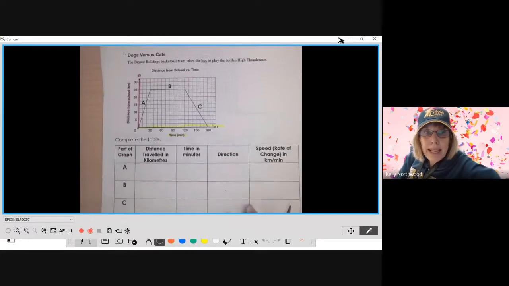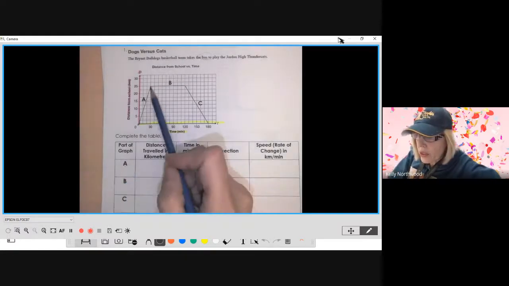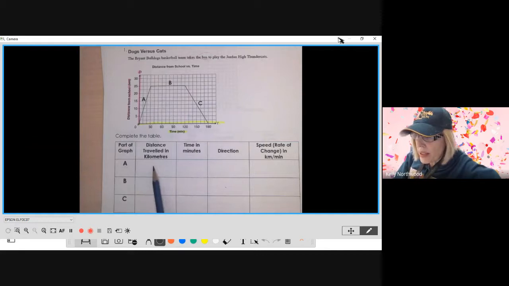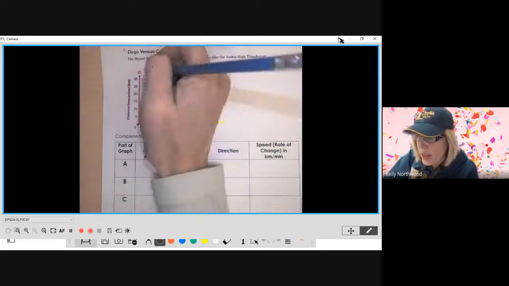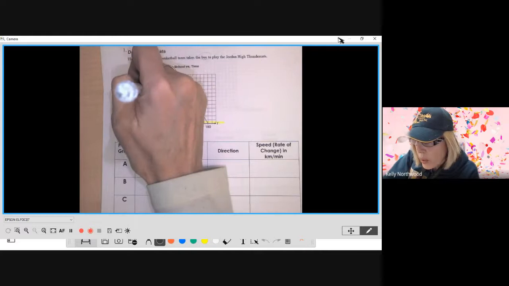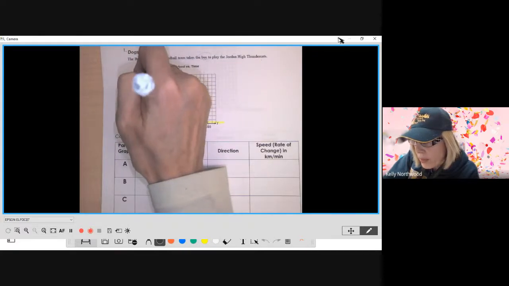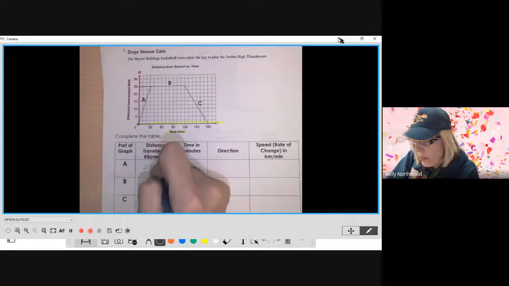And then to complete the table, we have to take information from the graph. So for part A of the graph, which is this chunk here, we want to know the distance they traveled in kilometers. So they started off at 0 kilometers away from their school, and they ended up in part A being 25 kilometers away from their school, which means they traveled 25 kilometers.